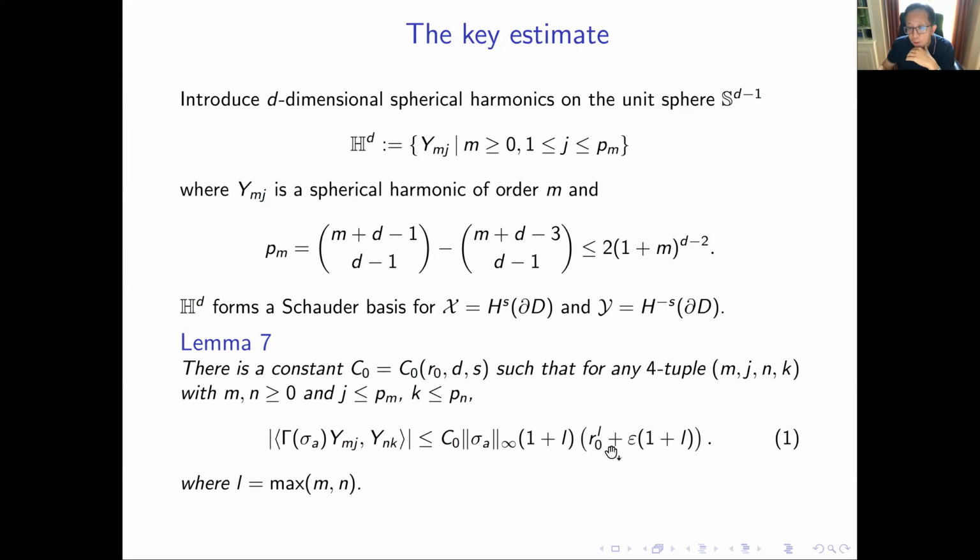If you still remember, this R0 is the compact support where sigma A stays, because the absorption is supported in a smaller ball. This is R0, that's the diffusion part, and this is coming from the transport term.